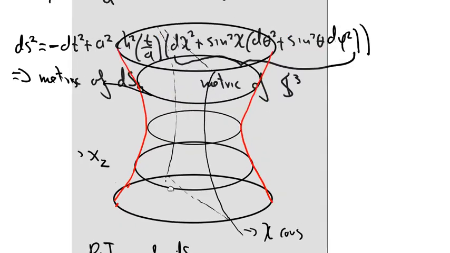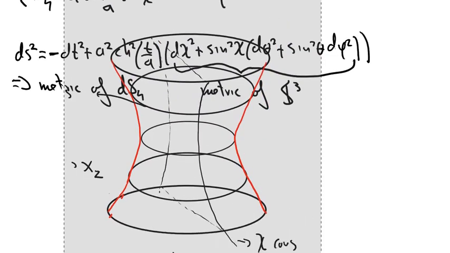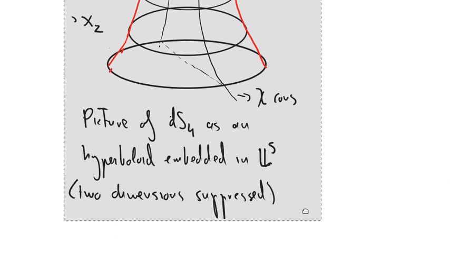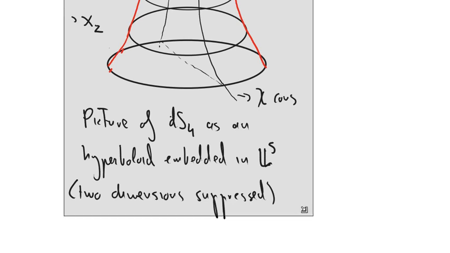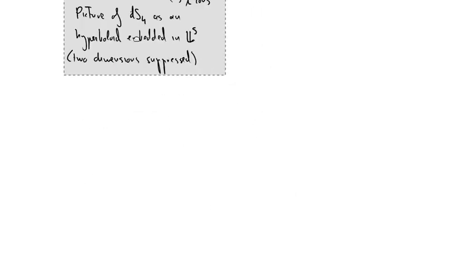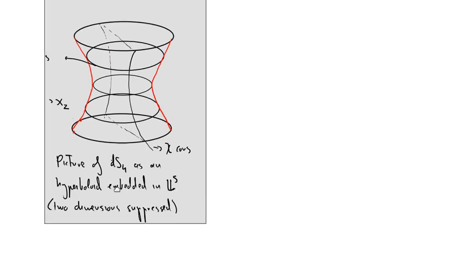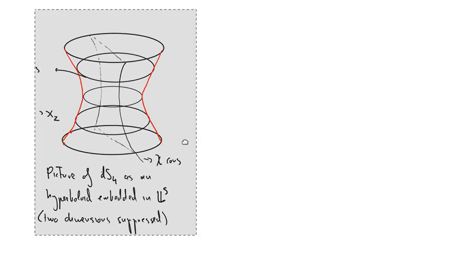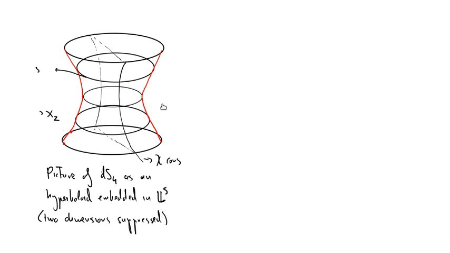Now it's a bit big. I have to rescale the picture to make it smaller. Okay, here it is. I cannot draw in 4 dimensions, so I have to drop 2 dimensions in order to draw the picture.